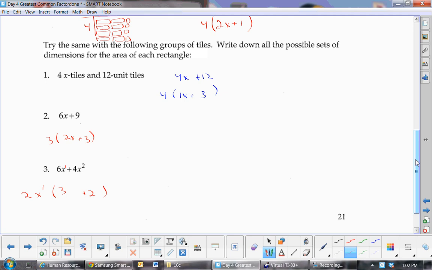What is common between them? Take it out. That's why it's called the greatest common factor. What is the biggest thing you guys have in common? Okay, let's show that. Let's bring it out. Okay, all your differences will be left inside the brackets. So, what would be left inside the brackets? 3 plus 2x. Good.